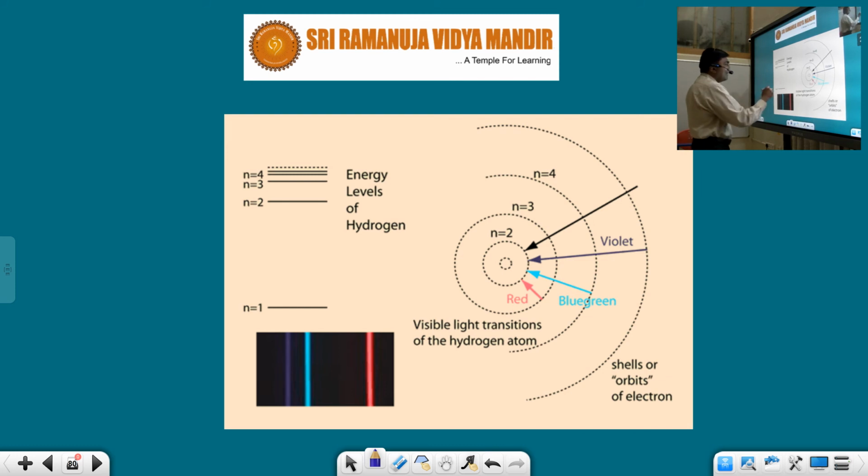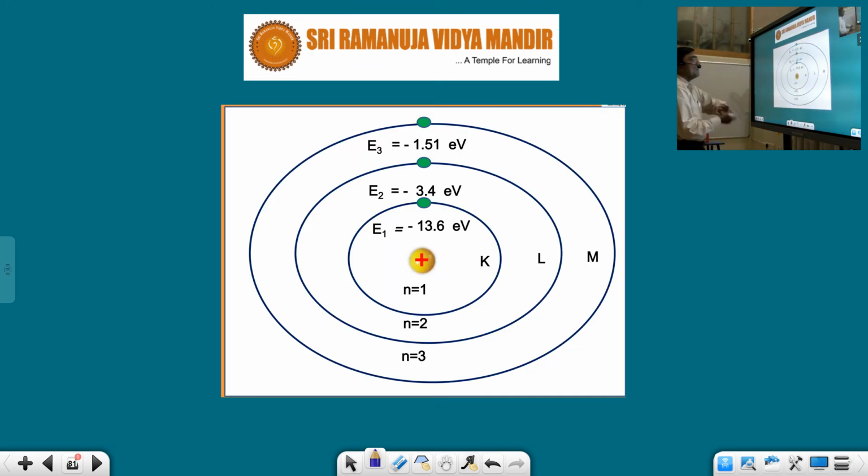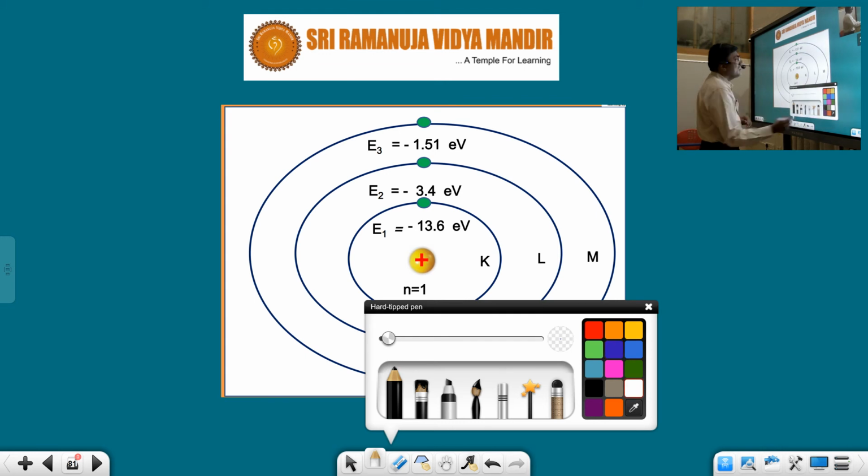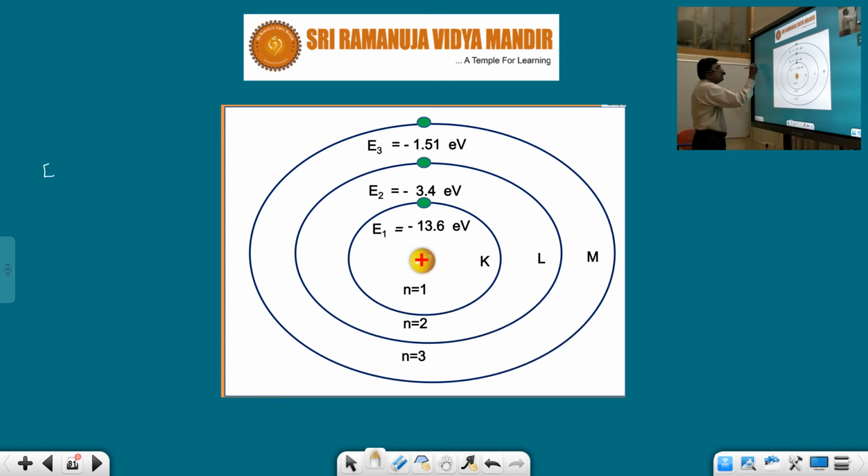Now, these are the energy levels. So n is equal to 1, 2, 3, 4. These are the energy levels. Agreed? Now, if you calculate, for example, E is equal to minus 13.6 into Z square by n square electron volts.